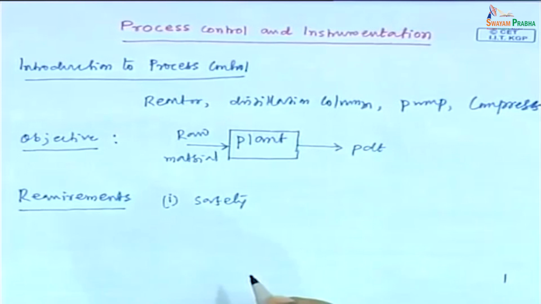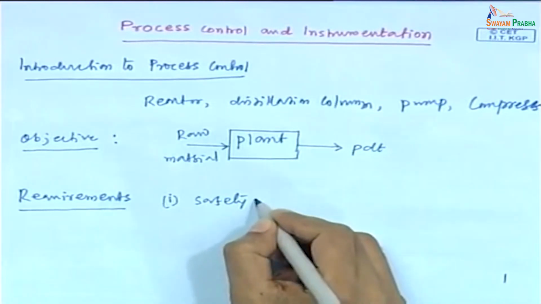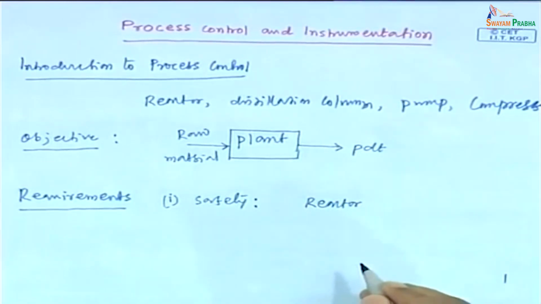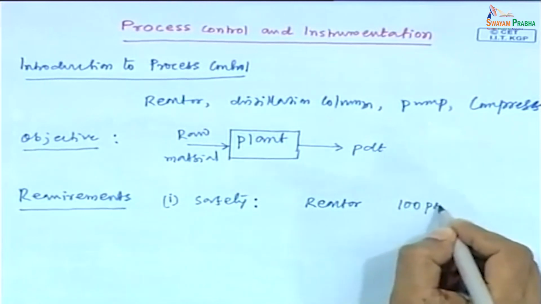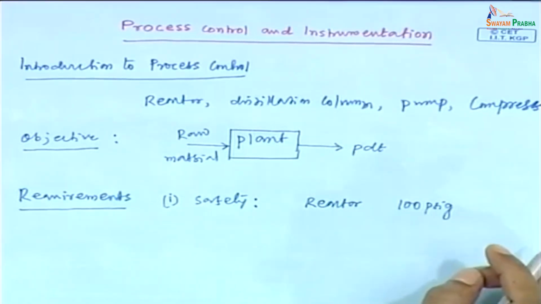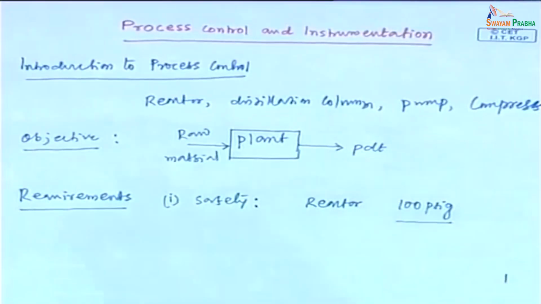Say for example, we have one reactor which is designed to operate within 100 psi pressure. Now, to maintain this pressure, we need some external intervention so that the reactor operates below this limit. This is the first requirement, that is safety.